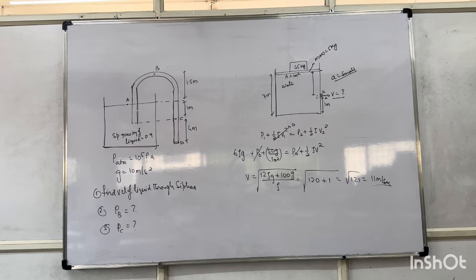PB, 1 second, wait. PB is 4.14 into 10 raised to 4 Pascal. 4.15 into 10 raised to 4 Pascal. PC is 6.4 into 10 raised to 4 Pascal.